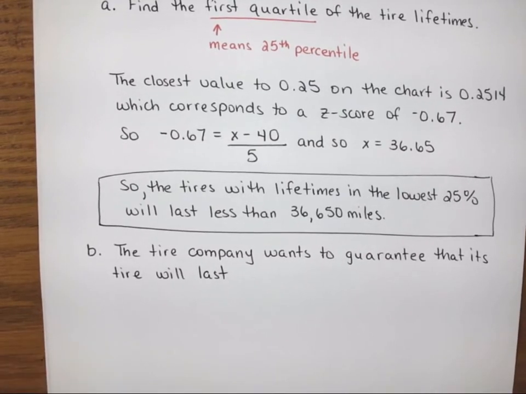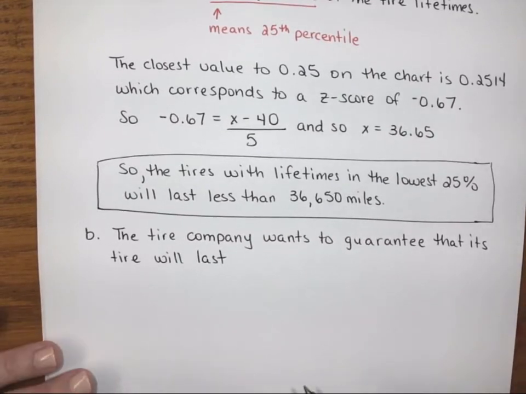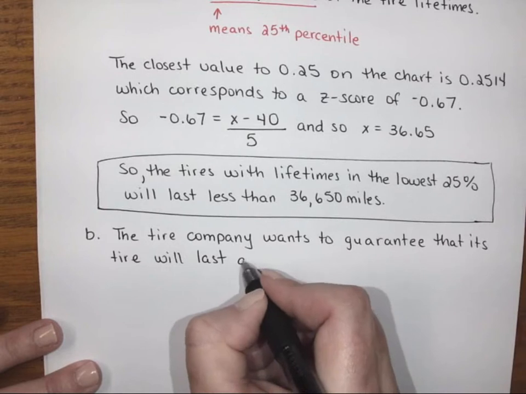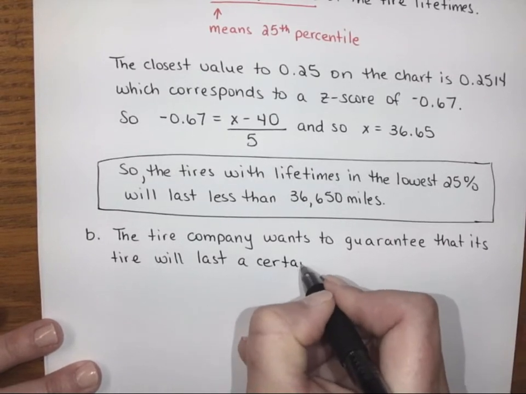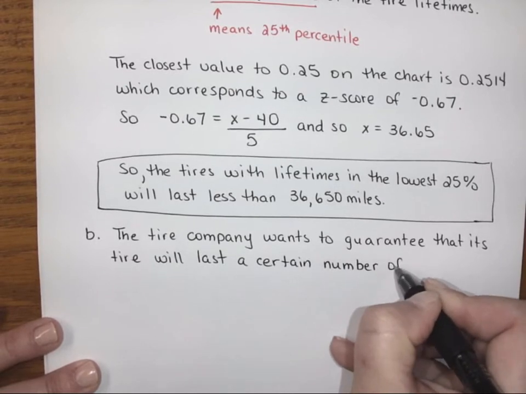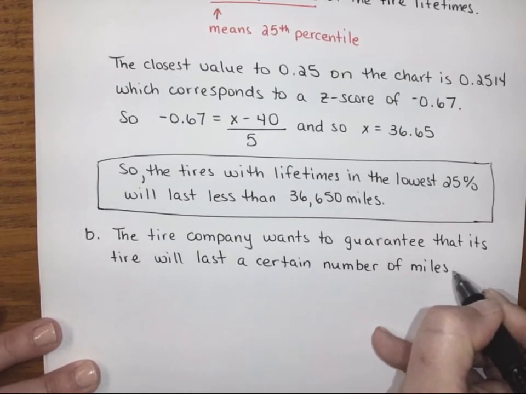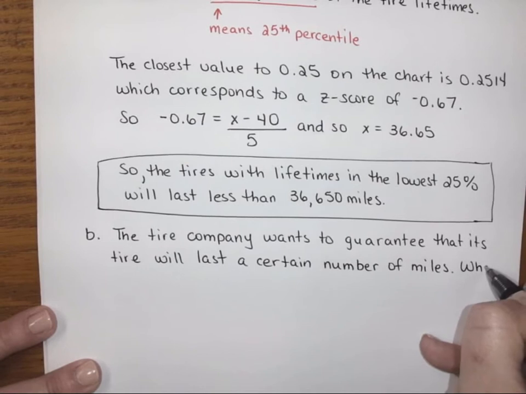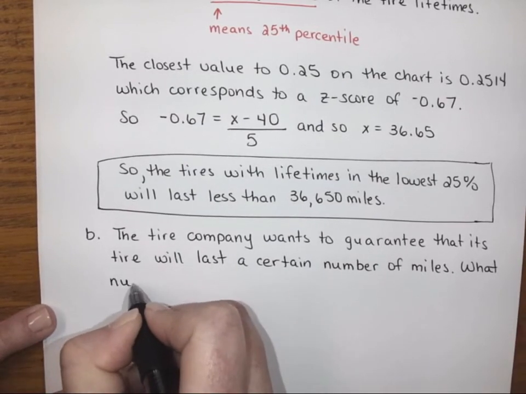Okay, so let's say that the tire company wants to make a guarantee like this. It wants to guarantee that it will last a certain number of miles. Now, they're not going to guarantee it for 40. Because the fact of the matter is there's going to be a lot of people that don't quite get 40. Okay, so they're going to have to lower the bar quite a bit if they're going to guarantee.